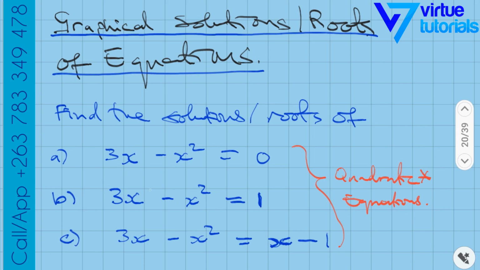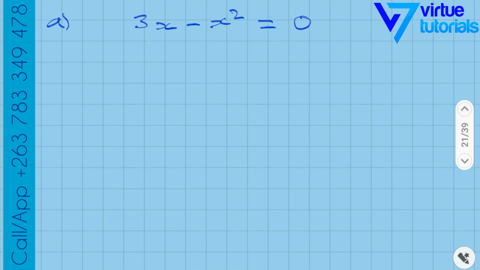All right, so let's go through that, and let's start off with A. 3x minus x squared is equal to 0, and we want to solve this graphically. If you're going to solve an equation graphically, you must have something drawn on the graph to represent this expression, and something drawn on the graph to represent this expression.